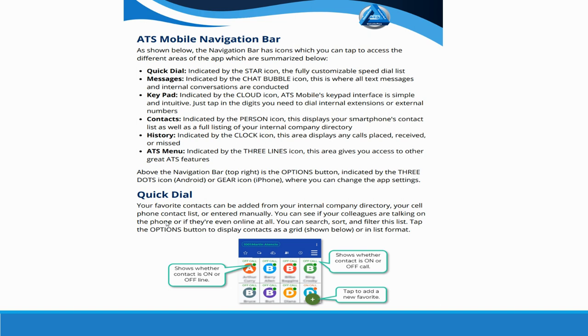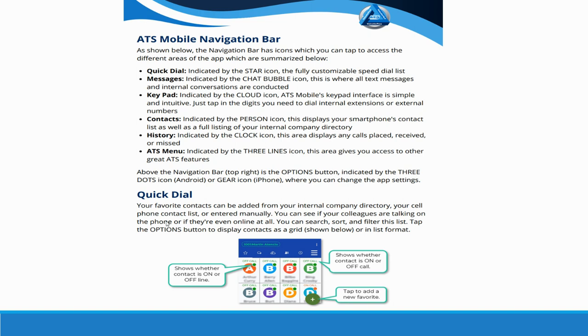There is a quick dial, as indicated by the star icon, messages indicated in the chat bubble icon, keypad indicated by the cloud icon, contacts indicated by the person icon, history indicated by the clock icon, and the ATS menu indicated by three lines icon, which gives you access to other ATS features. Above the navigation bar, top right, is the options button, indicated by the three dots icon and the gear icon on the iPhone, where you can change the app settings.